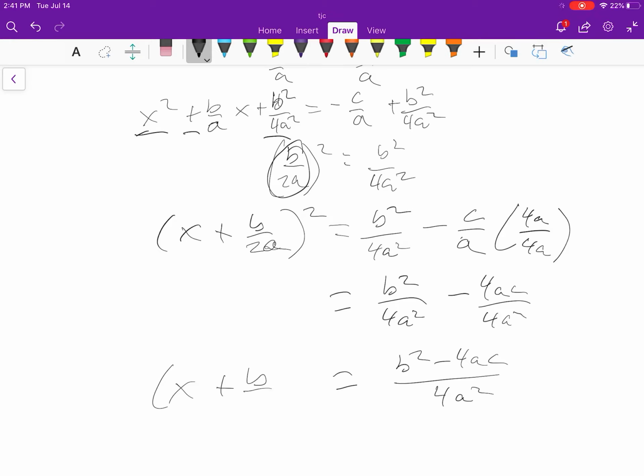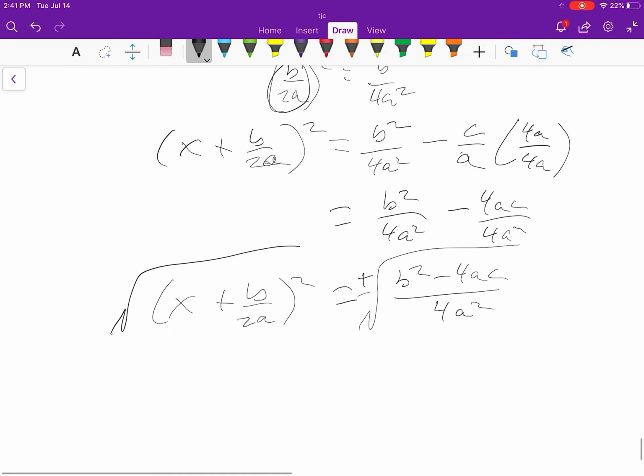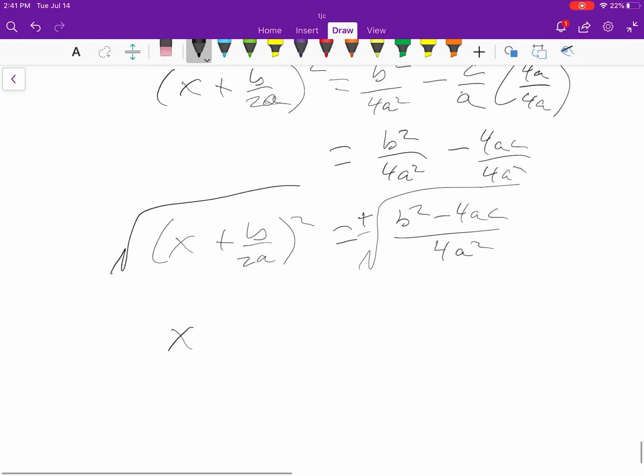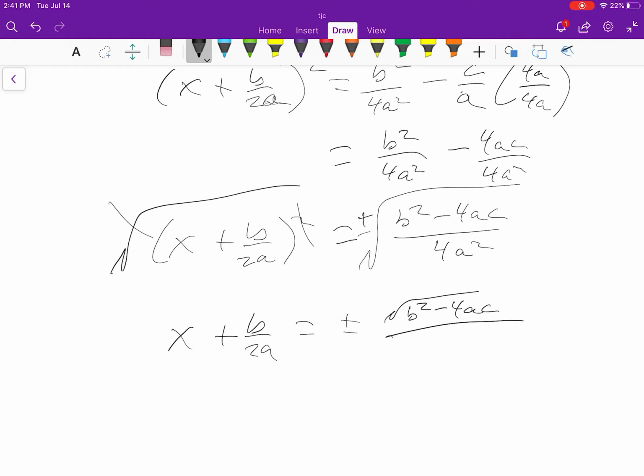Now we need to get rid of that square, and we do it by taking the square root of both sides. Anytime you do that, you do plus or minus. So now we have x plus b over 2a. These cancel. Plus or minus the square root of b squared minus 4ac over the square root of 4a squared, which is 2a.